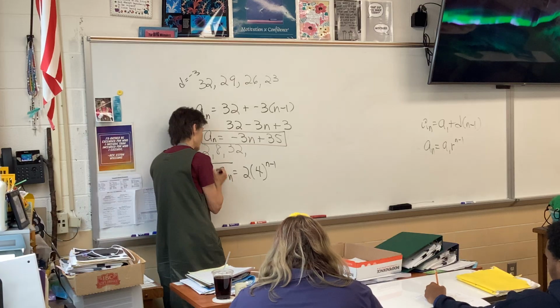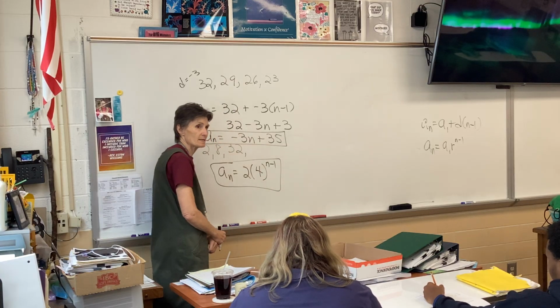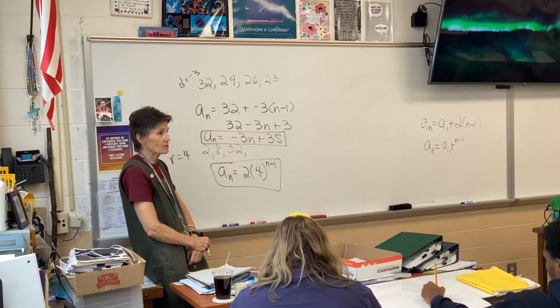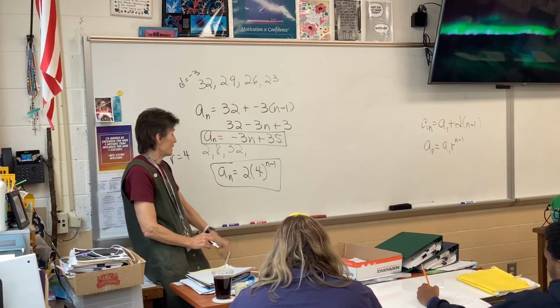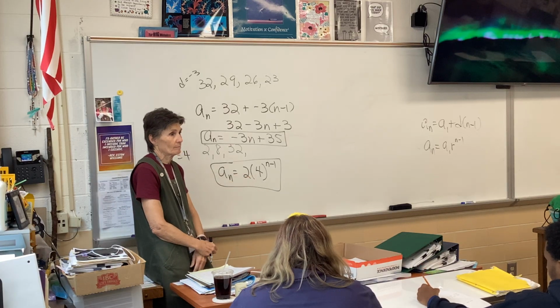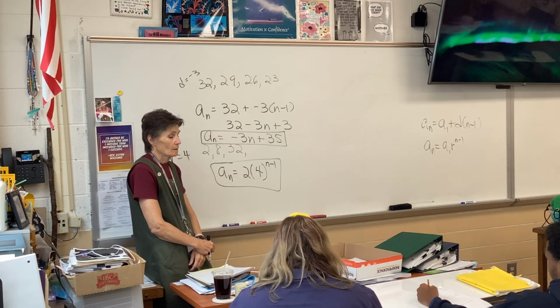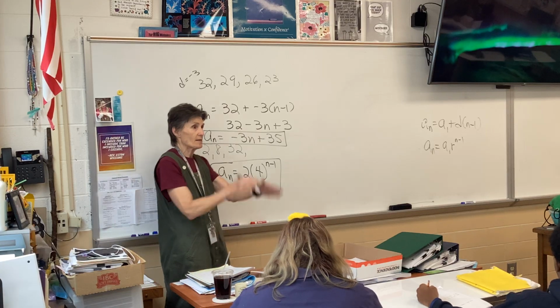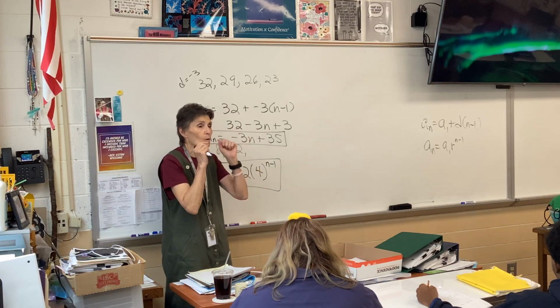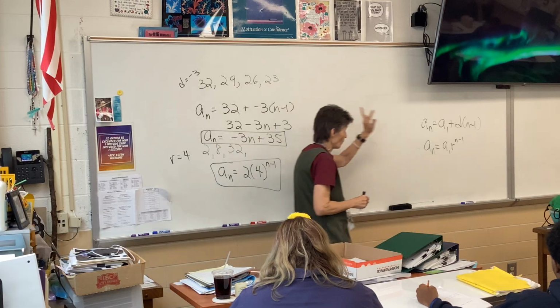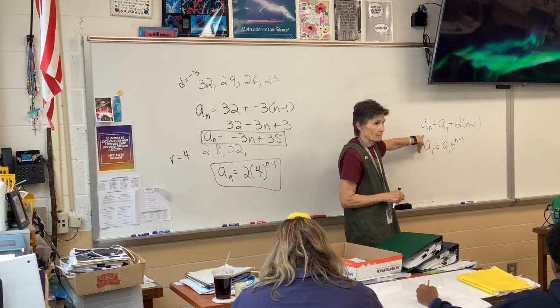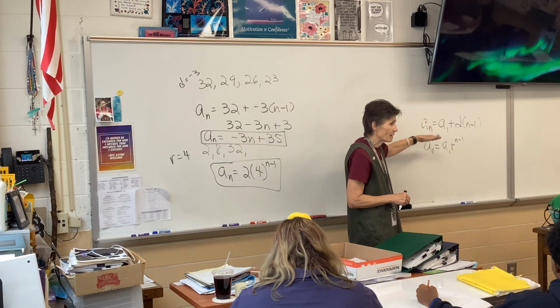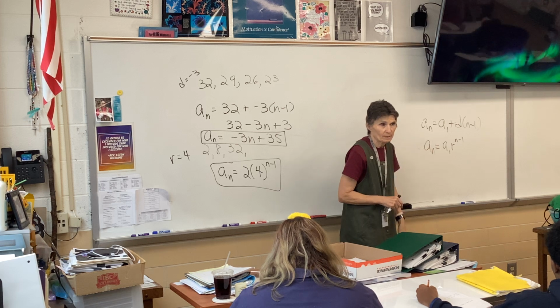And that's it. There is nothing else that can happen because these cannot be multiplied. So when it says write an explicit formula, where do you go? You go to one of these, depending on whether it's arithmetic or geometric.